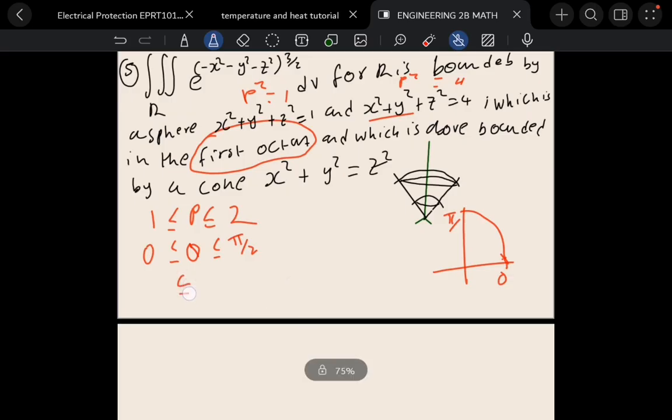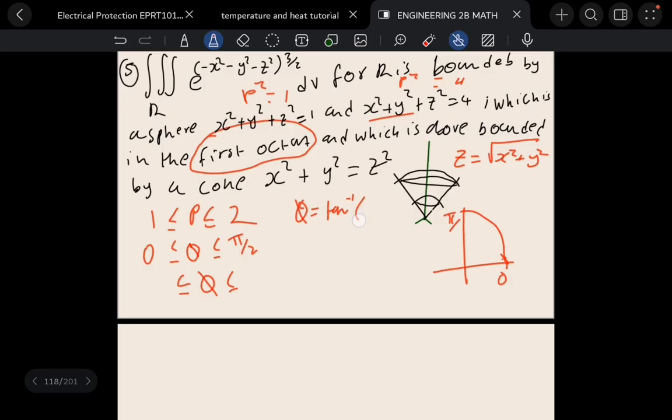And then your phi value, just take the square root on both sides. z is equal to the square root of x squared plus y squared, and your a is 1. So phi is the arctangent of 1 over the square root of 1. Your phi is going to be pi over 4. So your phi is set from 0 to pi over 4.